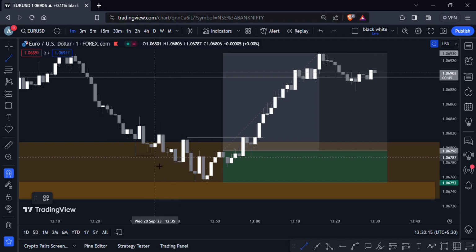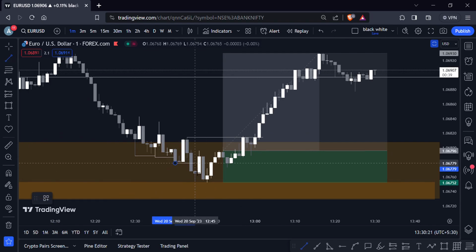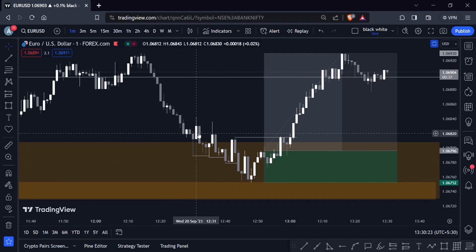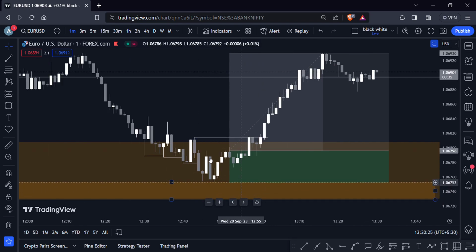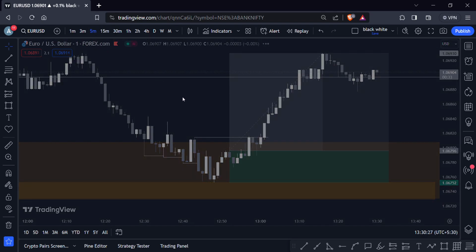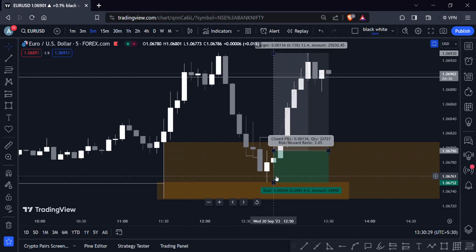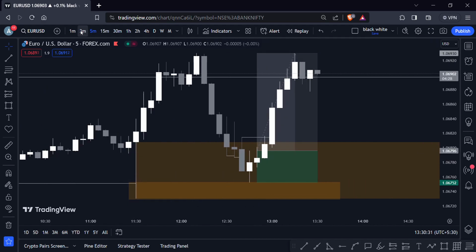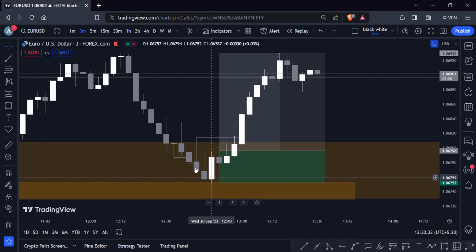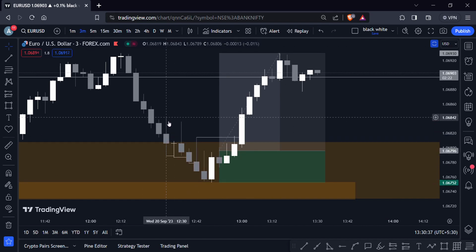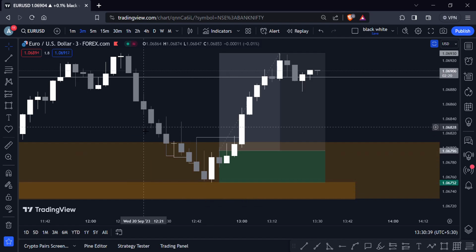Here it was a body close, but then again we were bullish, and I had a vision that I need to buy this pair. You can clearly see there was no body close. Finally, the last body close was there, and we pushed back, and every time there was a pushback.